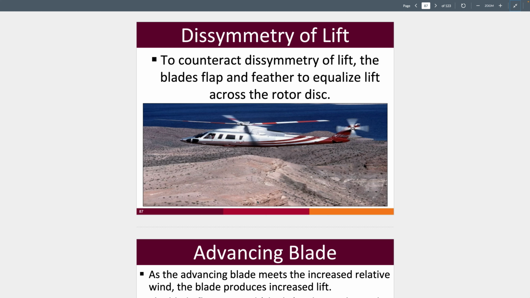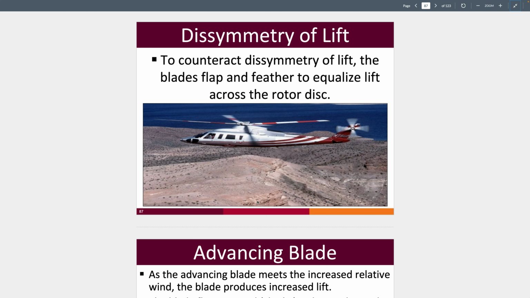Because in blade flapping, the advancing blade flaps up, producing more lift supported by Coriolis effect as well, and instead it reduces the feathering, so it lowers the blade pitch to reduce the amount of lift because there's too much lift being produced on the advancing half of the rotor disc compared to the retreating half.